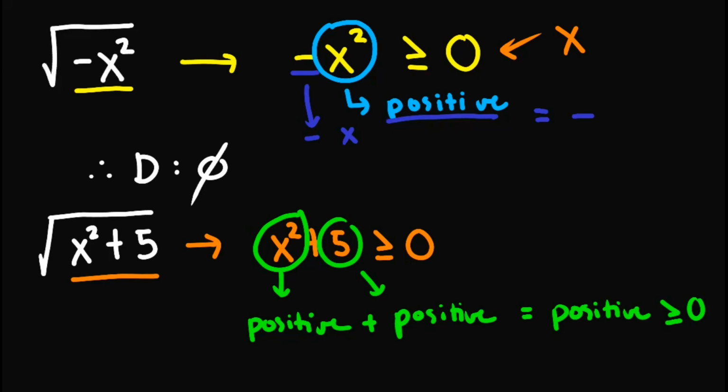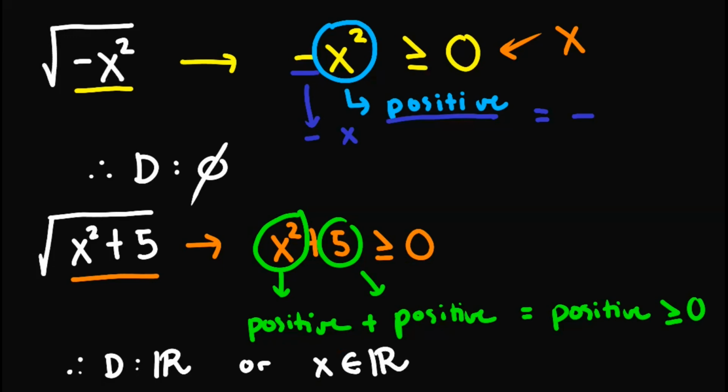Therefore, what can we say about the expression here? Well, we can conclude that its domain is all real numbers, or we can write it as x can be any real number. What this says to us is that we can take any values of x and still get a valid outcome in this expression.